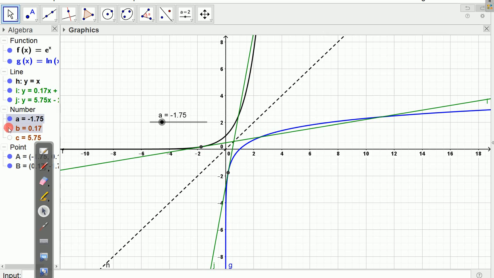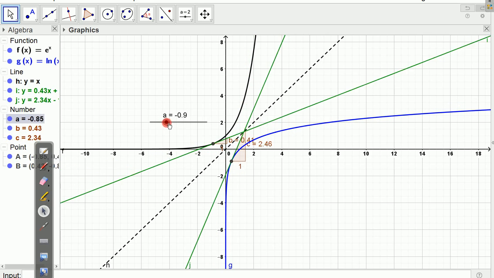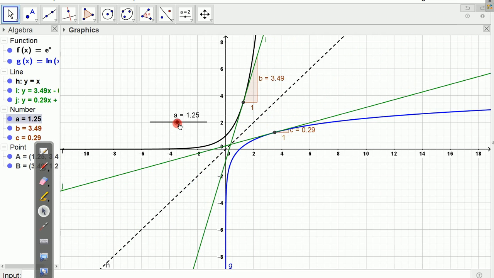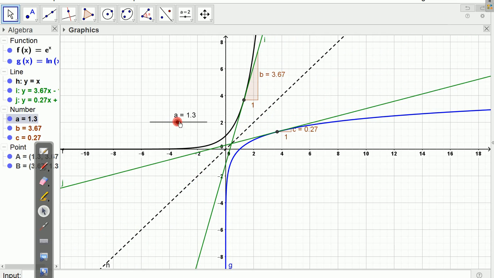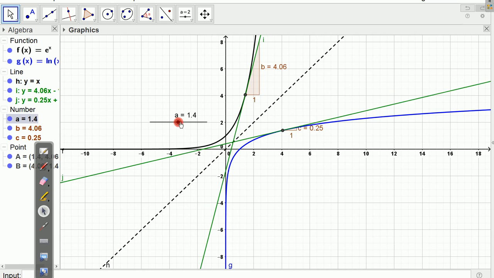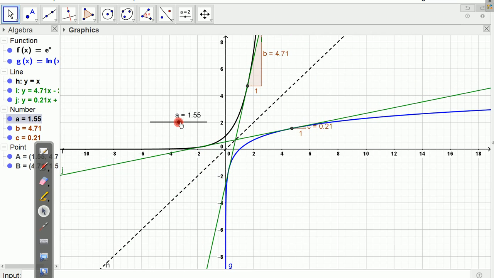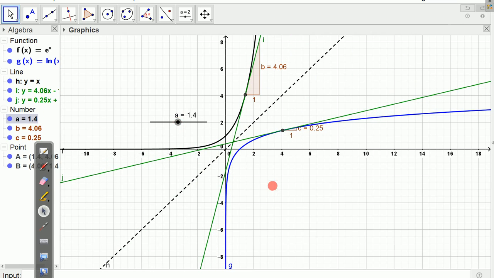I can actually put the numbers up there for what the slopes are. Sadly, because they are decimals, it's not very clear what the relationship is. Let's see if I can get us a nice number here. I think 4.06 is the best I can get.